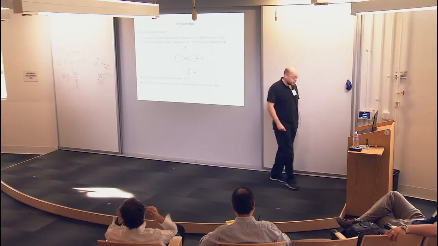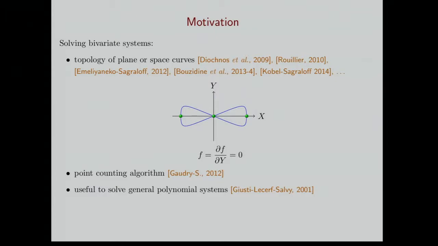So systems of two equations in two unknowns have shown up frequently recently, in large part motivated by problems of computing the topology of a curve, which means, given a plane curve, finding a graph that looks pretty much like the curve, and I'm going to leave it at that. So trying to discretize this kind of curve by finding points of interest and then connecting them in a suitable way. And I don't want to define more precisely what I mean here.